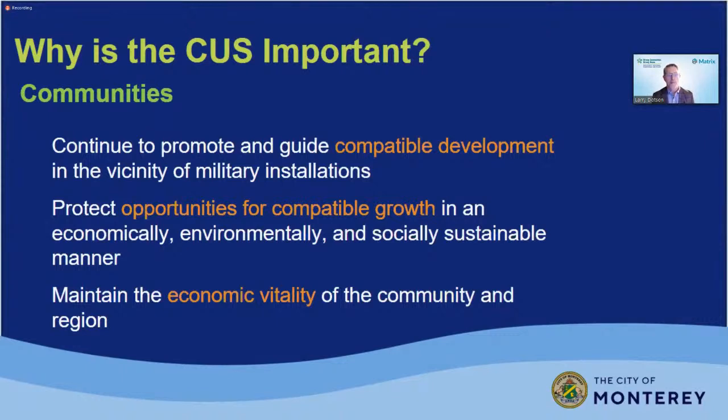And it's really a case of, it's less about compatibility and influencing compatibility as it is about adaptability. And we see that trend emerging across the country where development's going to occur. You're not going to stop development. The OLDC, the office that funds these studies, does not want to be in a position of advocating against the development.